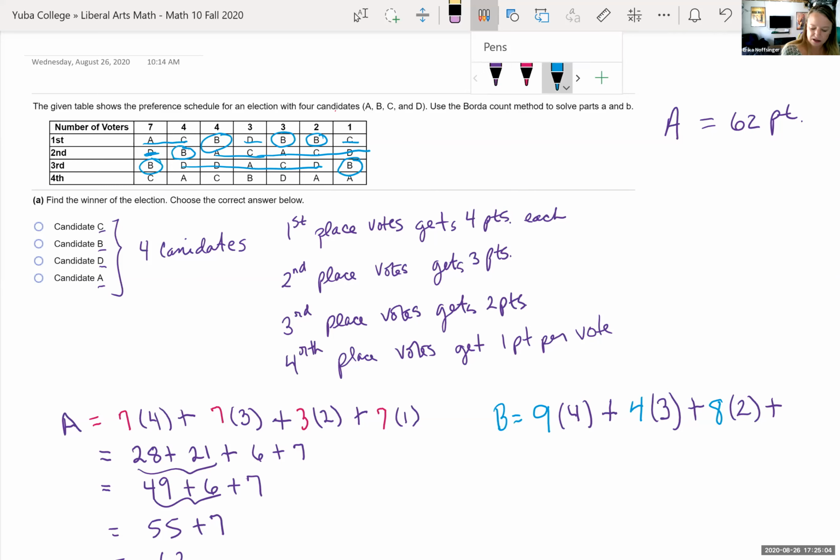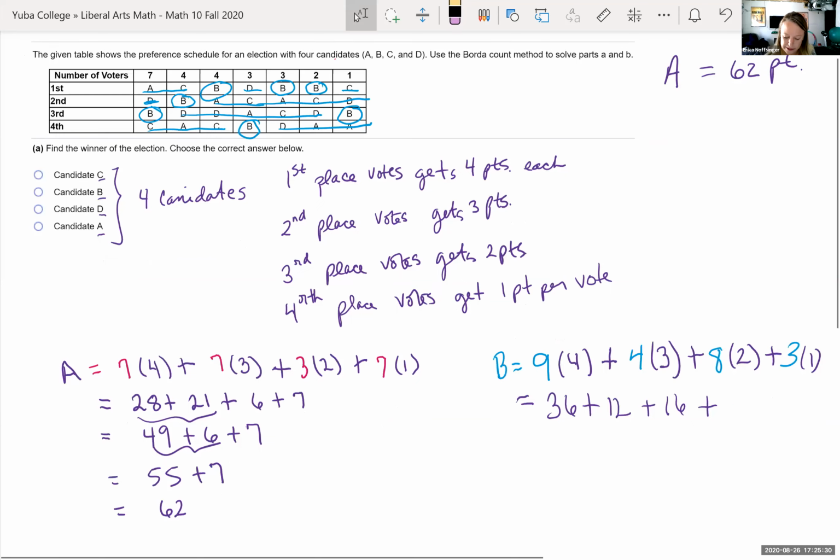From here, last place, only 3 people ranked them last, which was worth 1 point. So if we go through, 9 times 4, that's 36, plus 4 times 3 is 12, plus 8 times 2 is 16, plus 3 times 1 is 3.